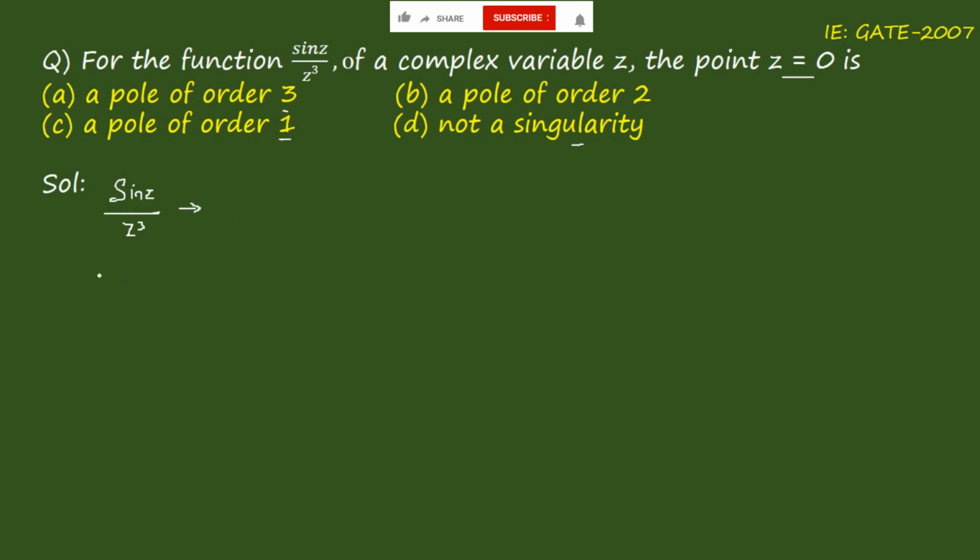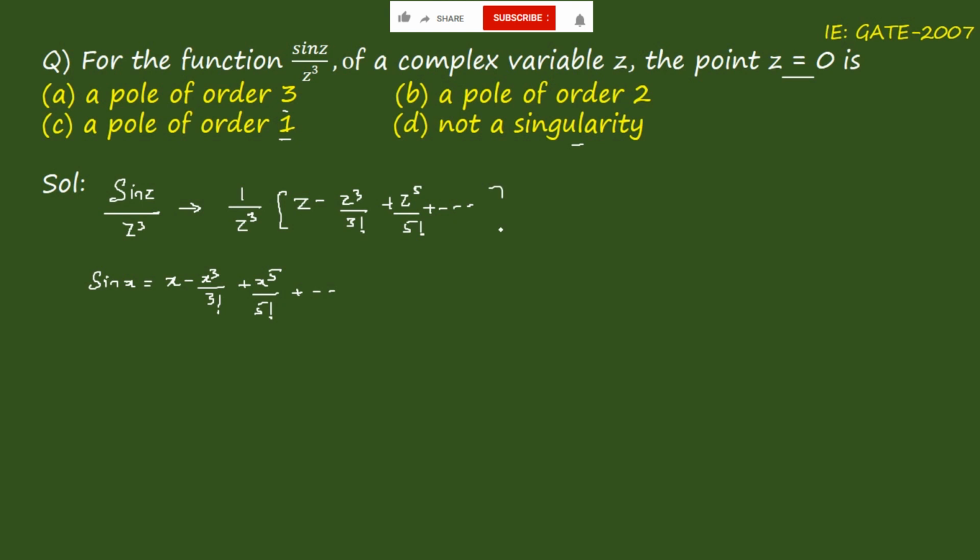Okay, we know that sin x is equal to x minus x cubed by 3 factorial plus x power 5 by 5 factorial plus so on, right? So by using the Laurent series and Taylor series, we will be expanding it. So it becomes 1 by z cubed into z minus z cubed by 3 factorial plus z power 5 by 5 factorial plus so on.